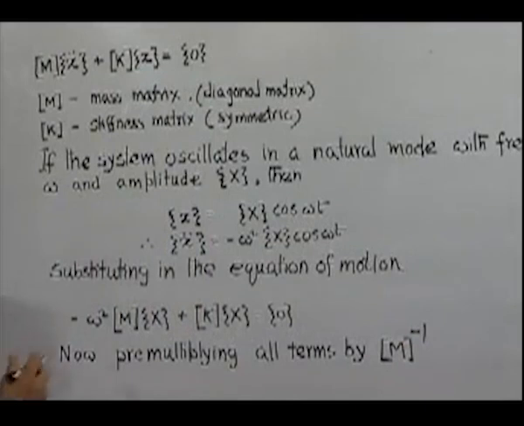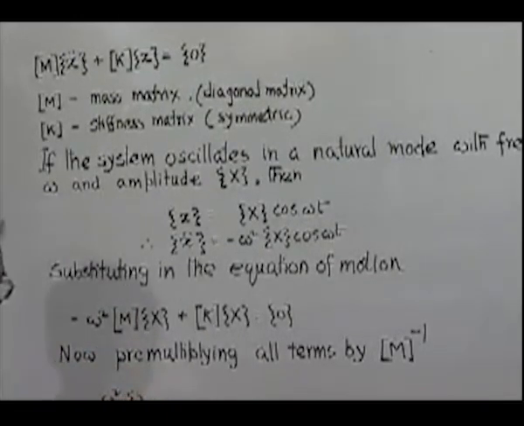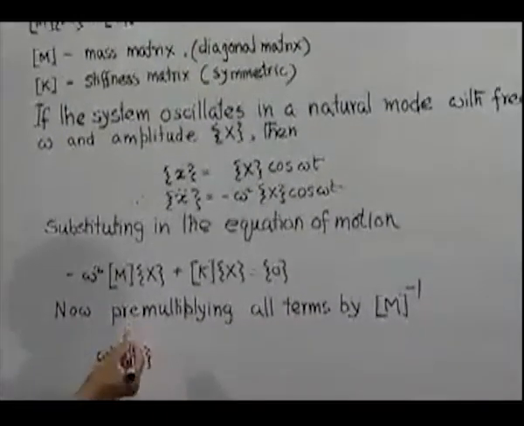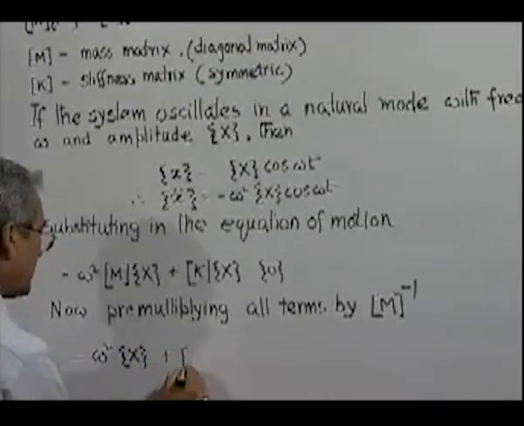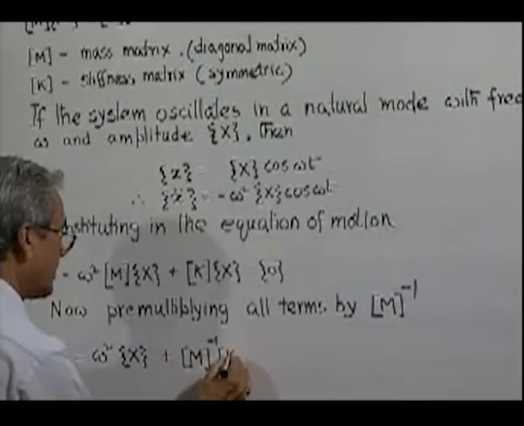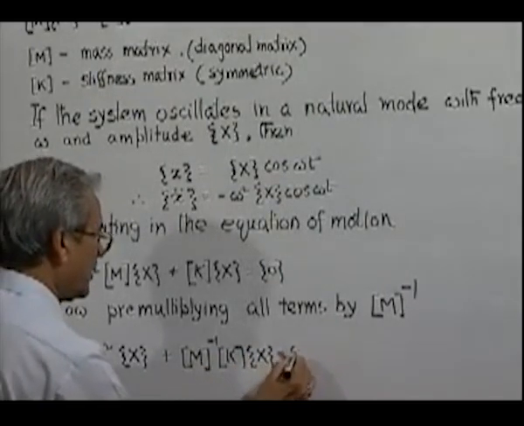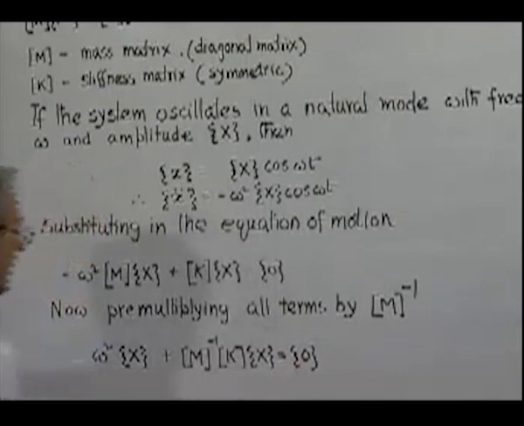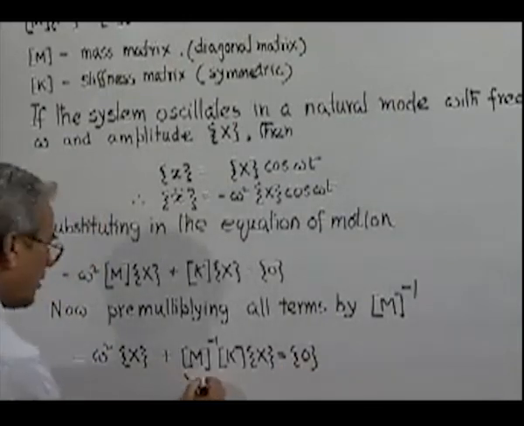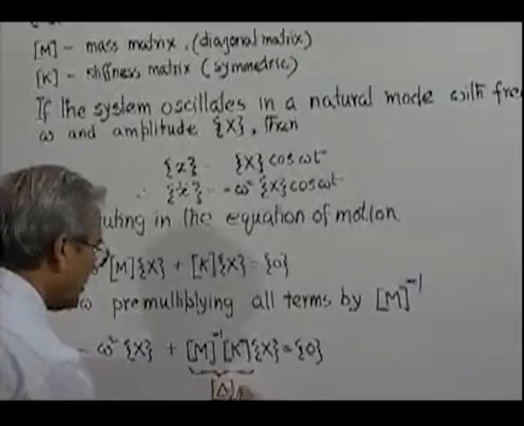What happened? When you do it, M inverse M becomes the unit matrix, so it is 1, and the unit matrix into X remains X, plus M inverse into K stiffness matrix. This matrix we may give a name, say A matrix, which we call the dynamic matrix.